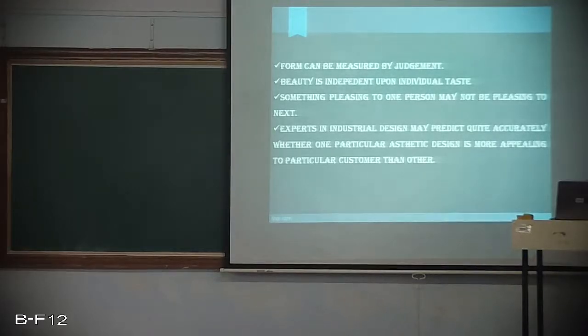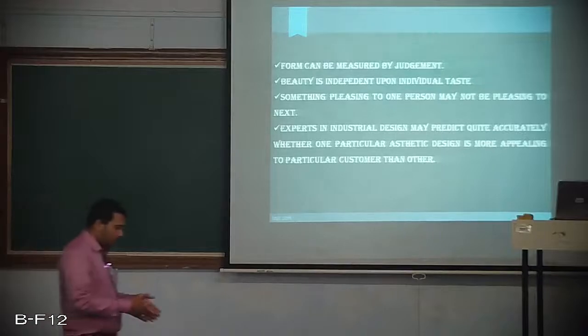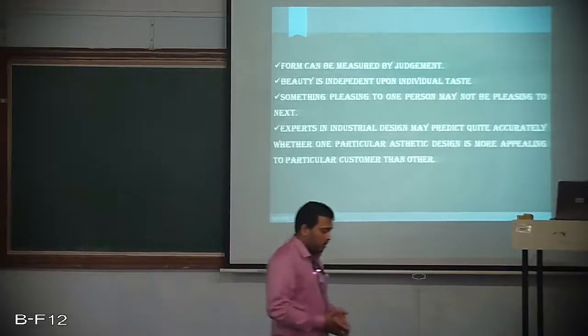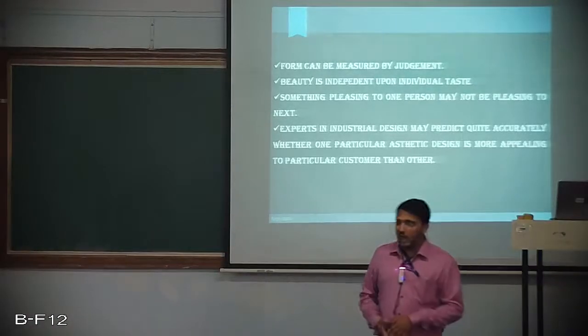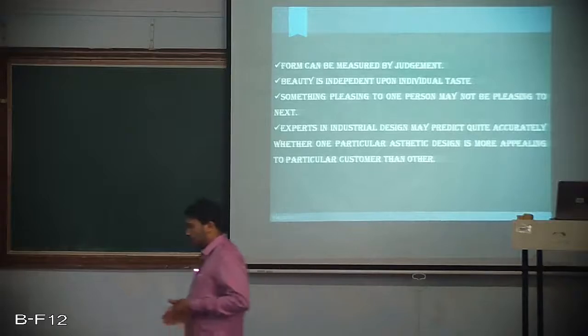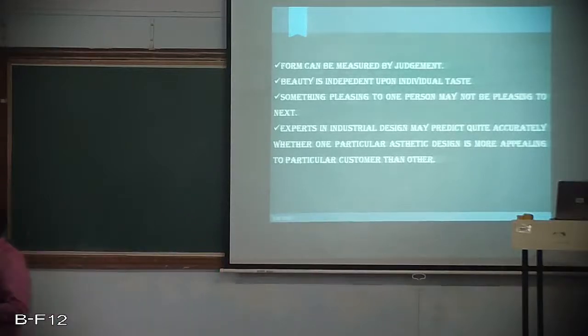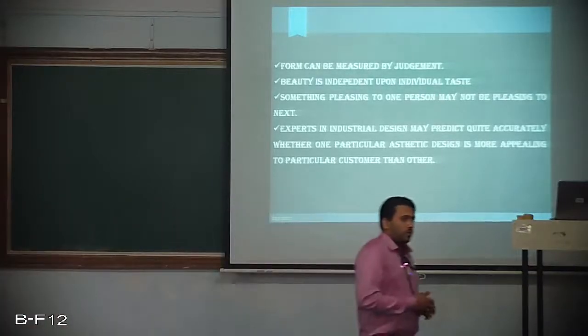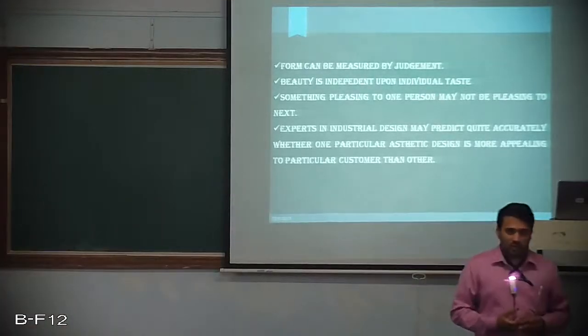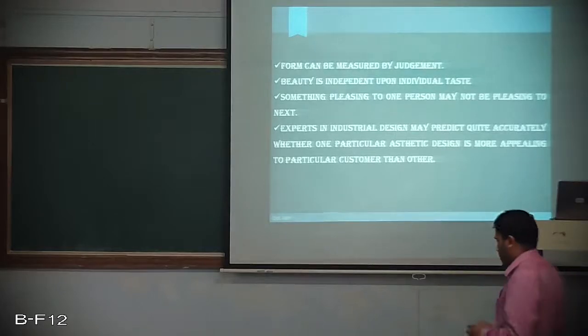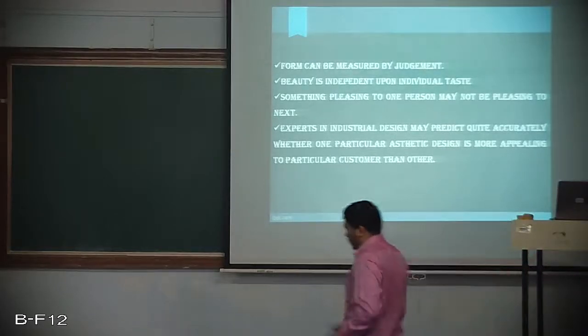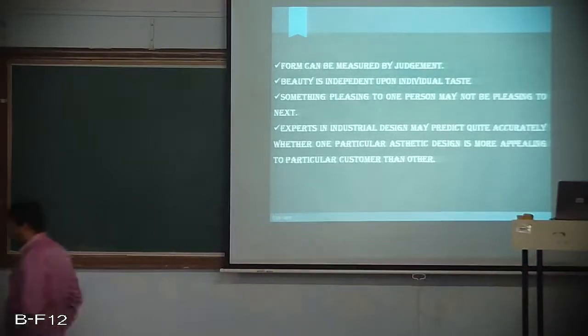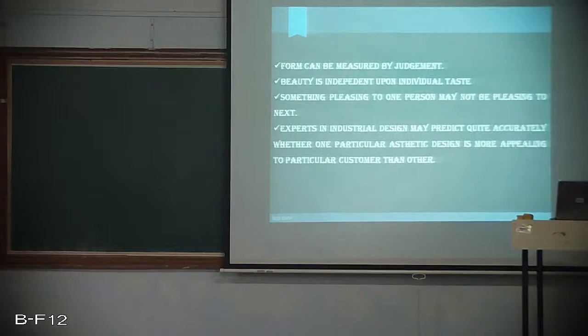So by deciding that, once you build a design, they need to make sure that more people are going to like the particular product aesthetically. If the percentage is more than 50%, then obviously they will agree to that aesthetic design. If the experts feel that less than 50% are going to like the aesthetics of that particular product, then obviously they will do certain modifications with respect to the aesthetics of the particular product.